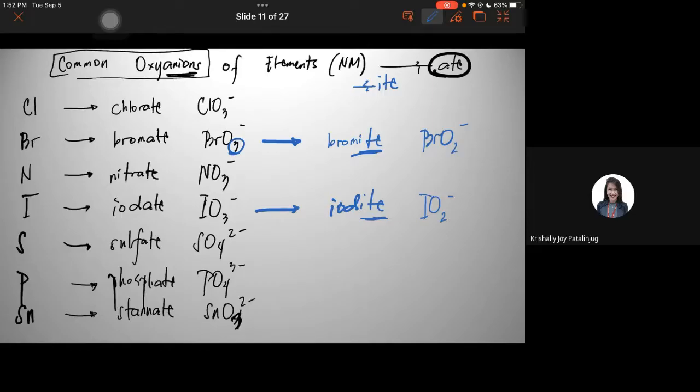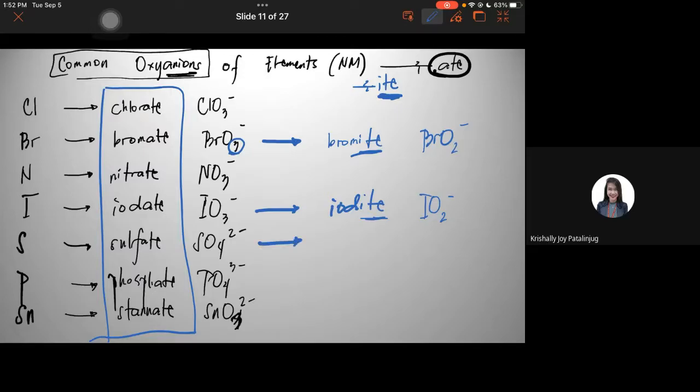Okay. So again, just memorize the common oxyanion. If you memorize that, you can easily extract the ite form. So no need to memorize everything. Do not memorize everything, ha? So that you will not be confused with the formula. Okay? So that's it.